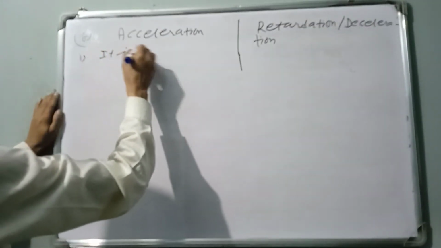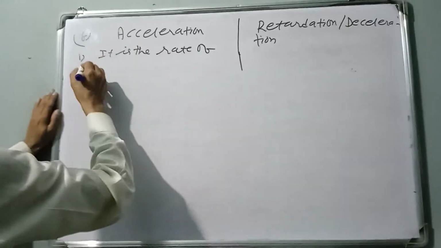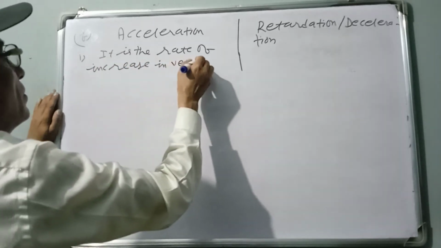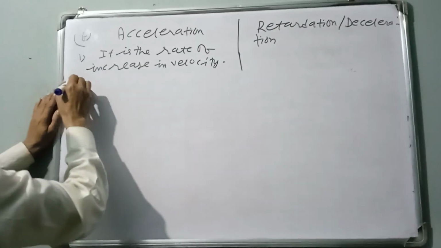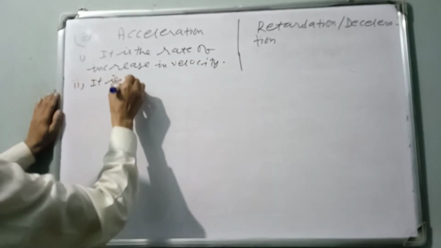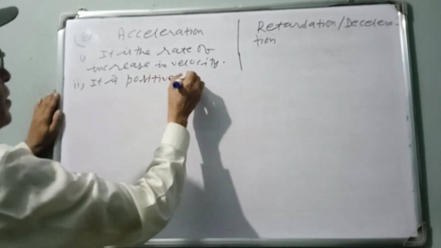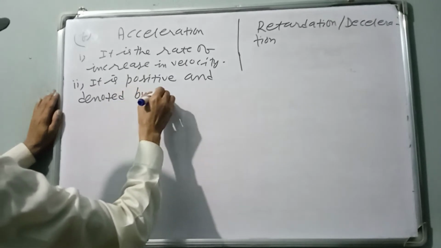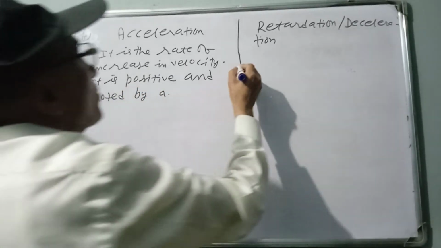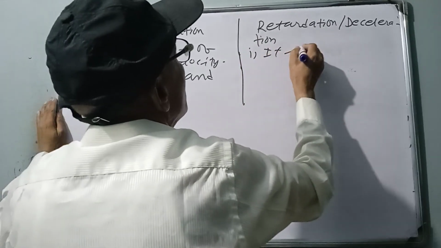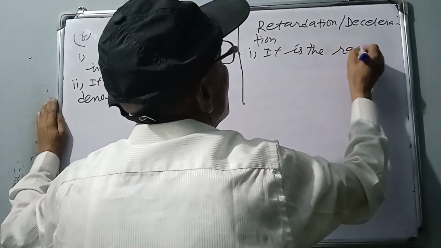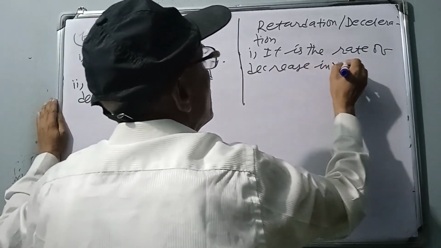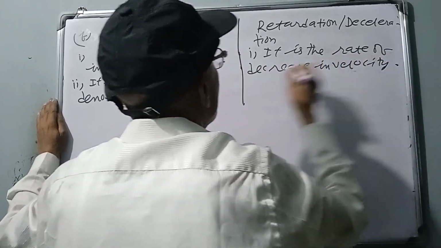Acceleration is the rate of increase in velocity. It is positive and denoted by A. Positive A. Retardation is the rate of decrease in velocity.